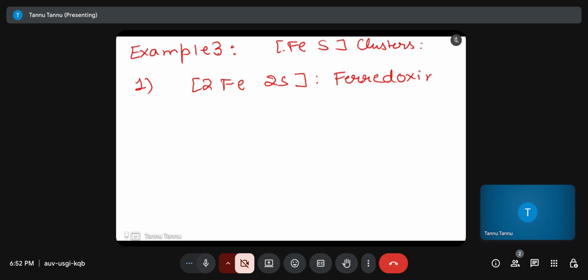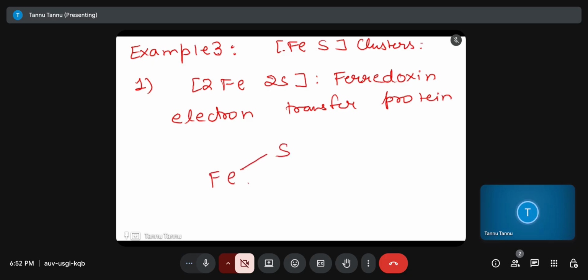We call this an electron transfer protein. So this is how its structure looks. It is bound to S16.